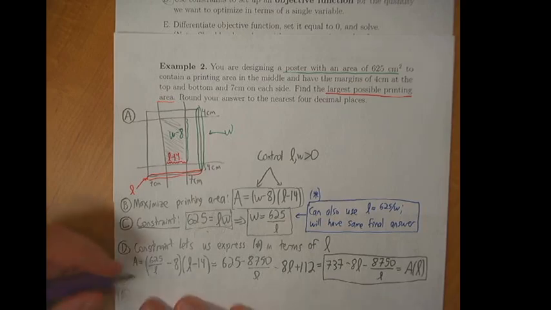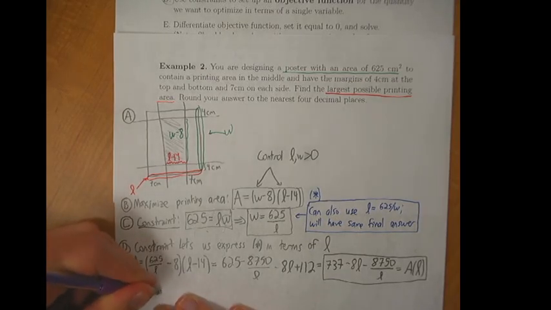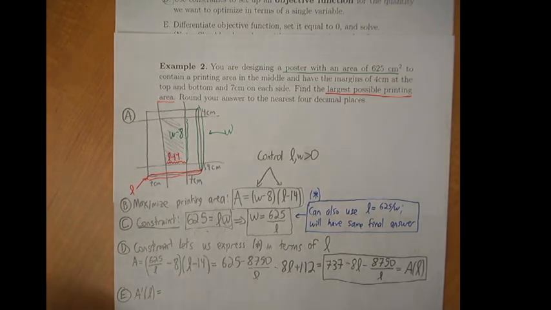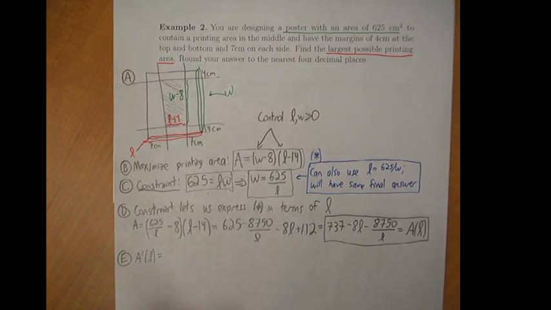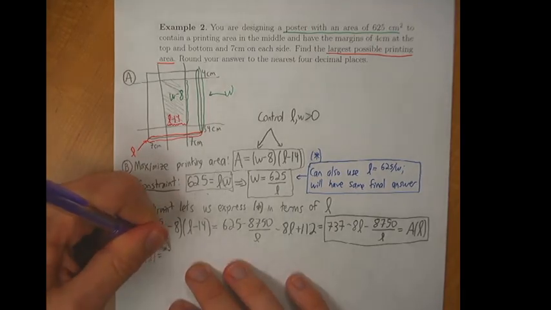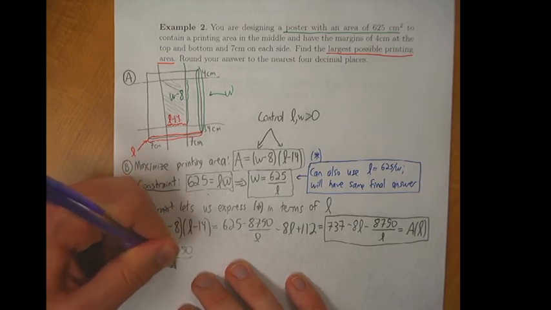So with part E, taking the derivative of A with respect to L will yield us what? Over L squared minus 8. Yep, over L squared, minus 8.